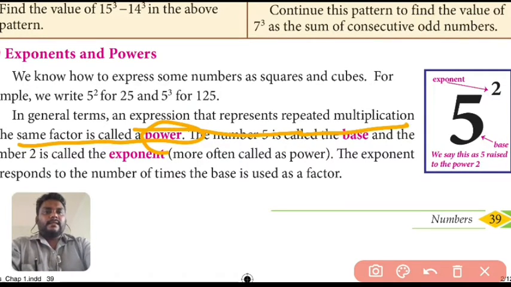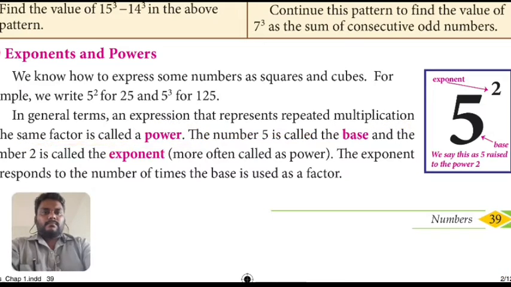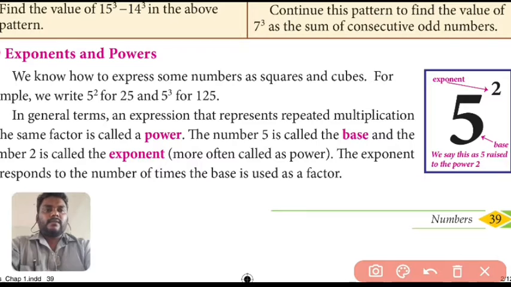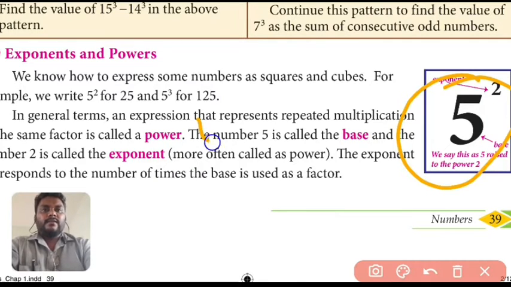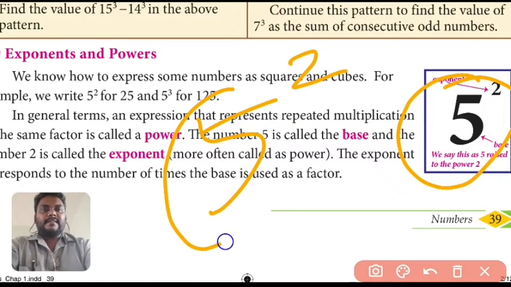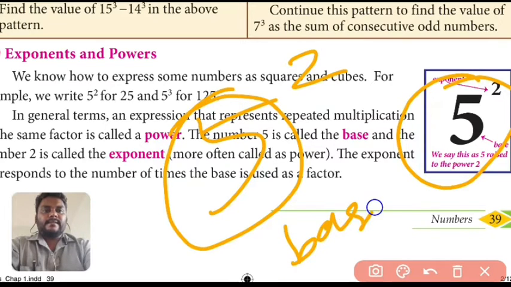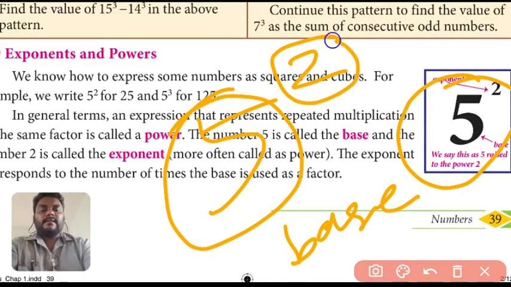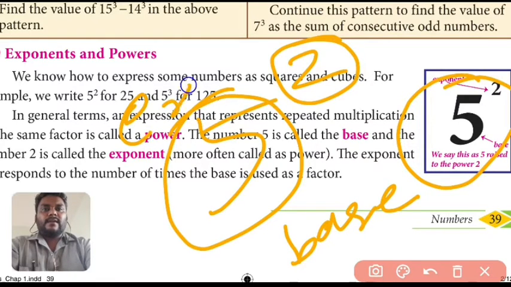Next, they give an example: 5 square. In 5 square, 5 is called the base, and this 2 is called the exponent or the power.